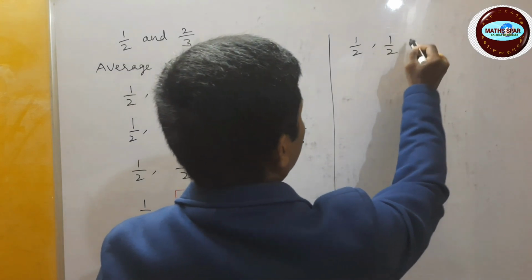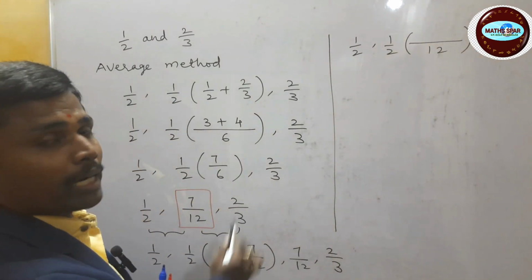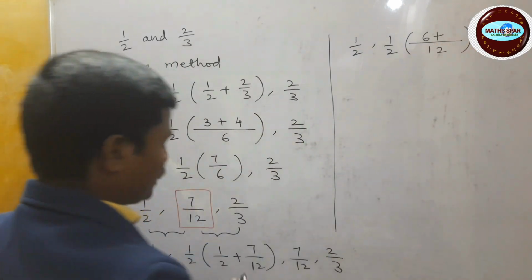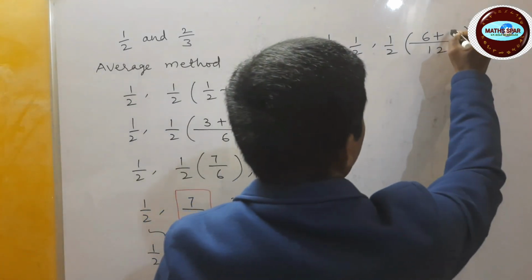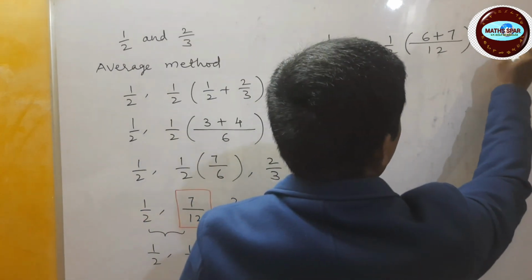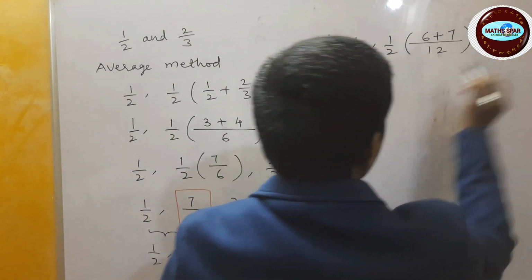So the LCM is 12, and half multiplied by 12 is 6, plus 7 by 12 multiplied by 12 is 7. Then 7 by 12, then 2 by 3.